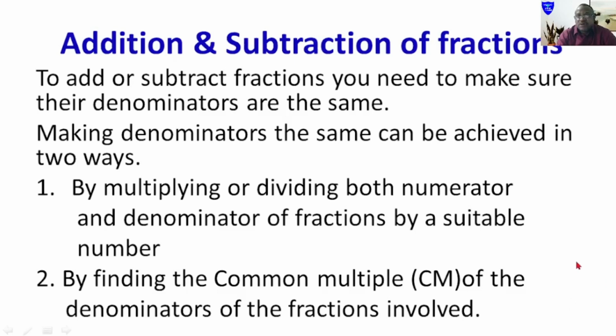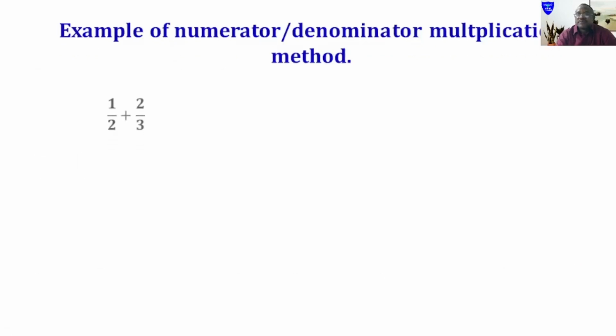Now let us look at method 1. Right, now under method 1, here I'm going to use a multiplication method, right? But I'll show you how to use a division method later on.